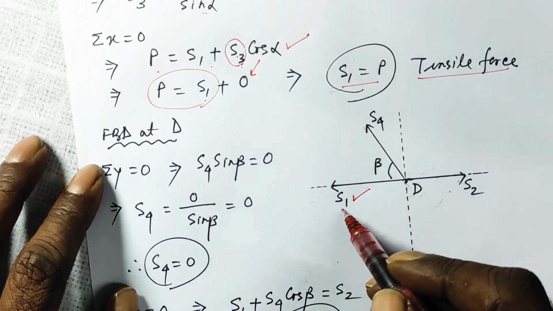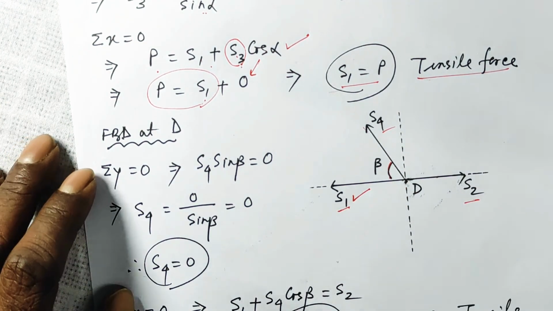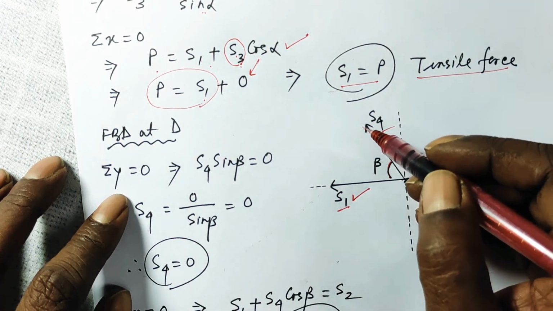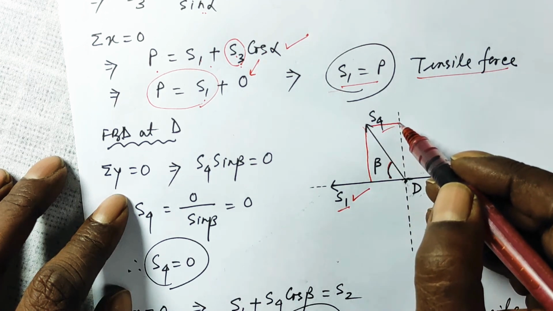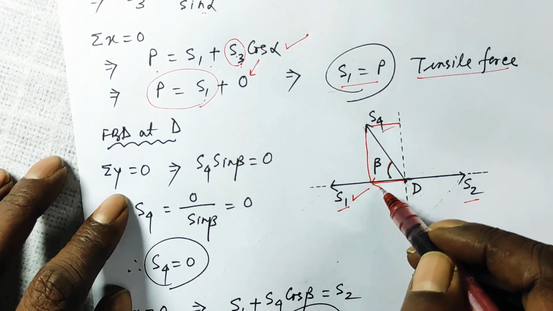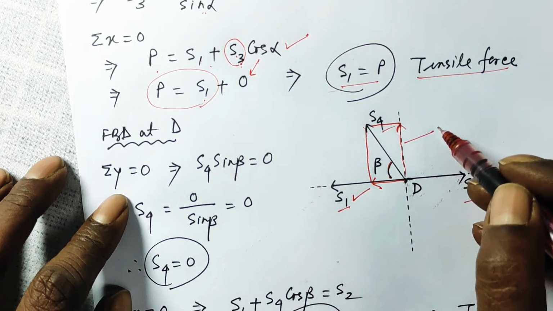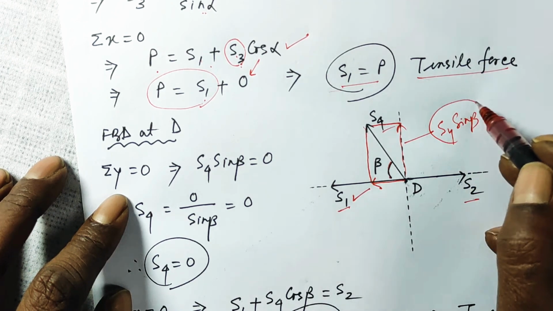At point D, S1, S2 and S4, S4 makes the angle beta, which I have considered as beta. So if you drop perpendiculars from here and here, this much will be S4 cos beta and this much will be S4 sin beta.